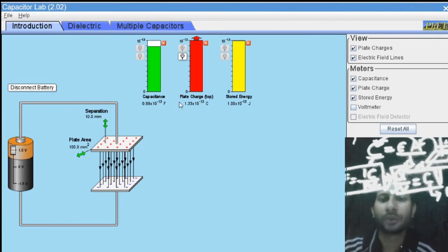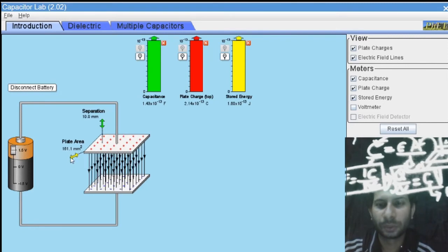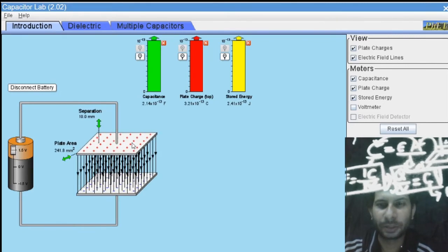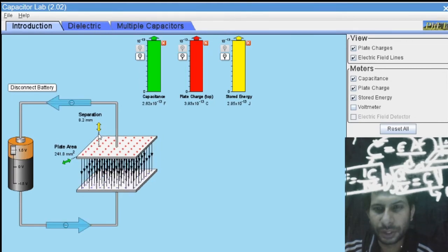Now we try to fix the area, let it be like this, when the capacitance is 2.14 into 10 raised to power minus 13 farad. Now we try to change the separation between these two plates. Now it's 10 mm. Now we can shrink.